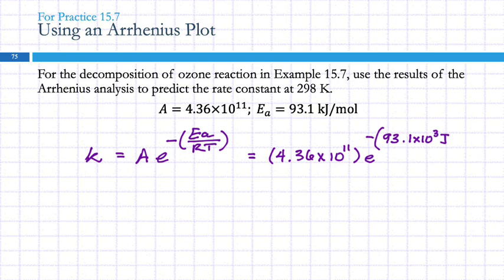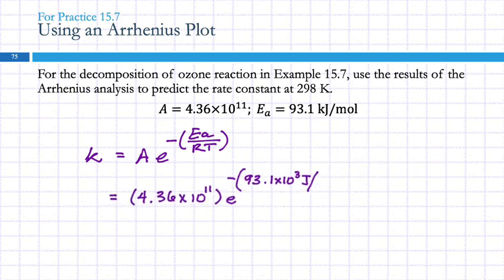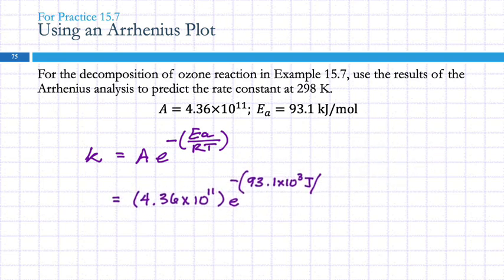So that's Ea, and then this needs to be divided by, okay, I did not plan my space wisely. So because I can, I'm going to move it. Divided by R, 8.314 joules per mole Kelvin, times the temperature, 298 Kelvin.